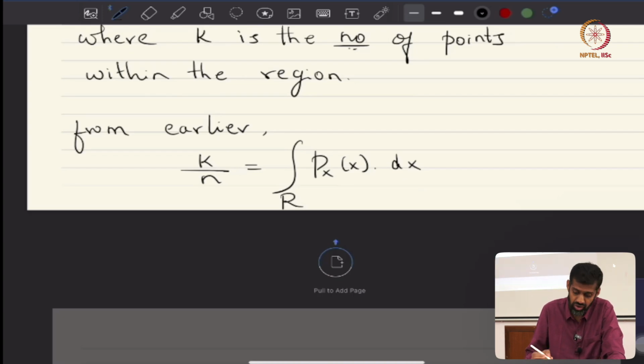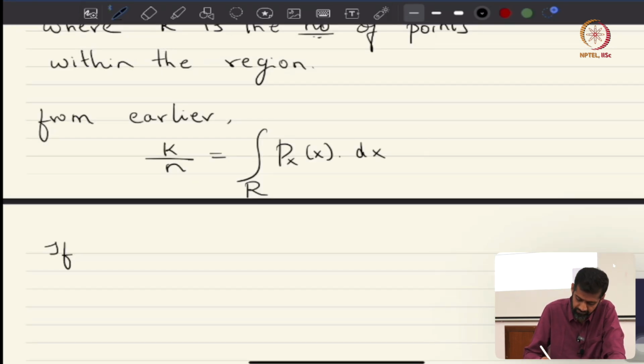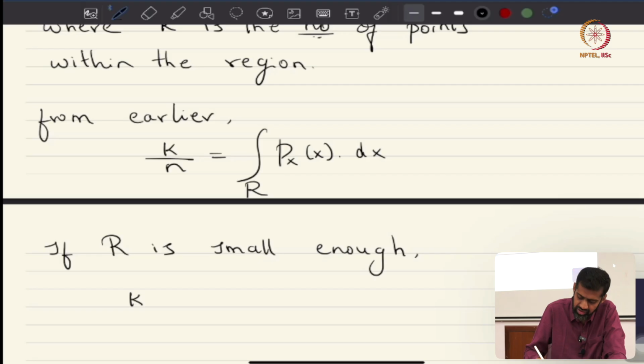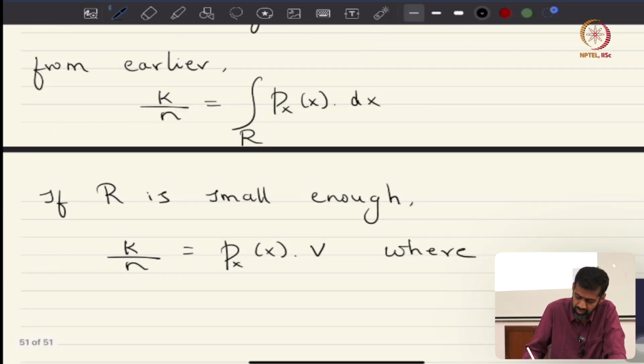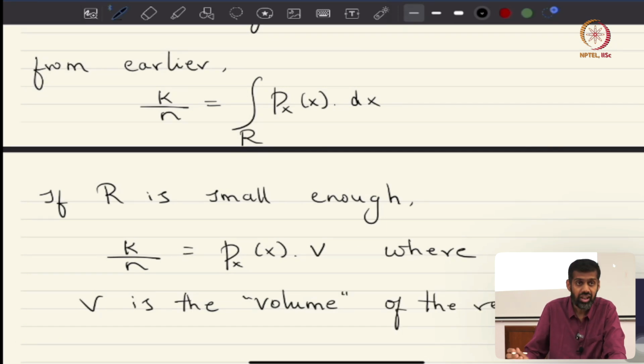Now, if R is small enough, then I can approximate this integral as the density function times V, where V is the volume of the region. I am making an assumption that within this region, that particular volume, the density function is a constant.